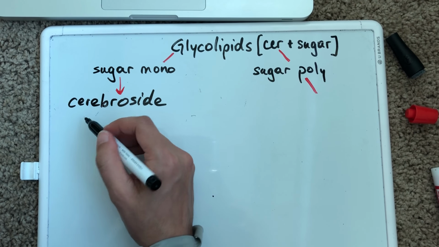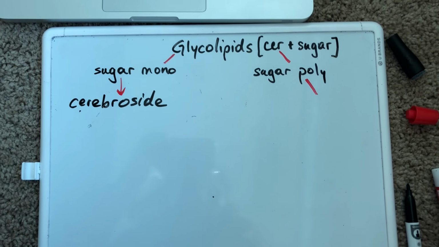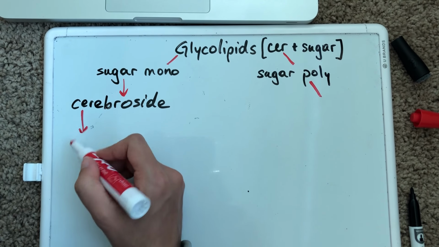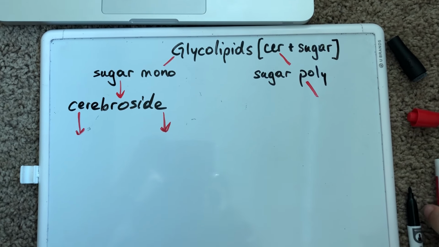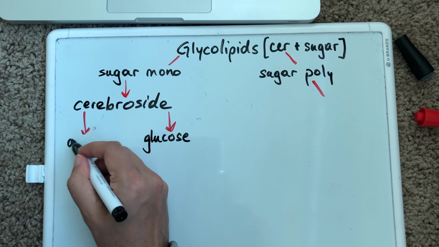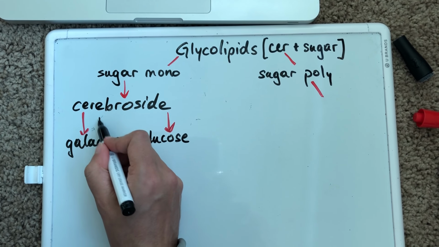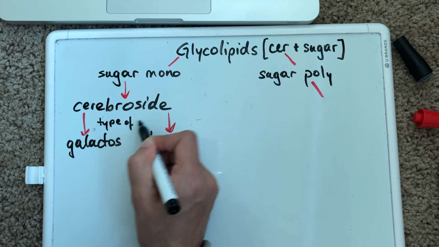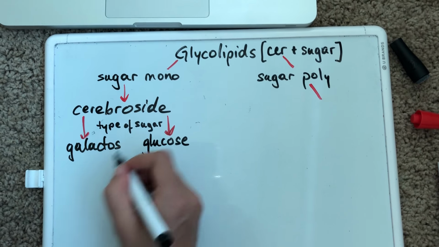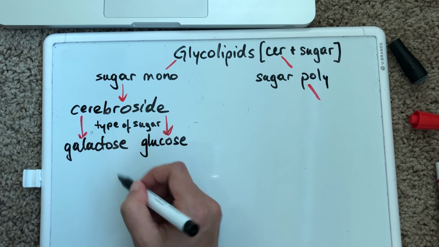And if the sugar is a galactose versus a glucose, so this is the type of sugar, it's going to be called either a galactocerebroside or a glucocerebroside.